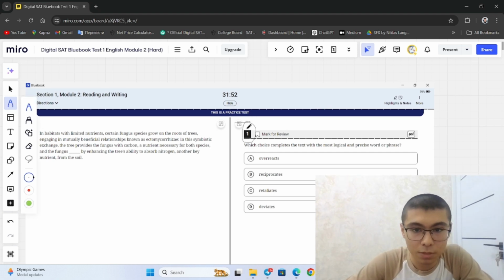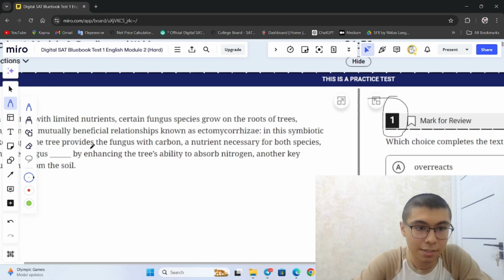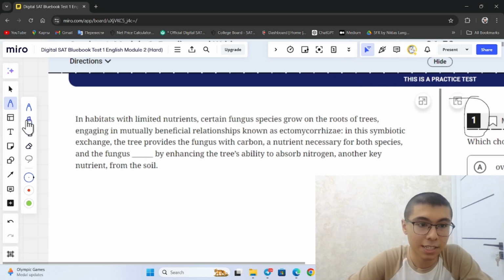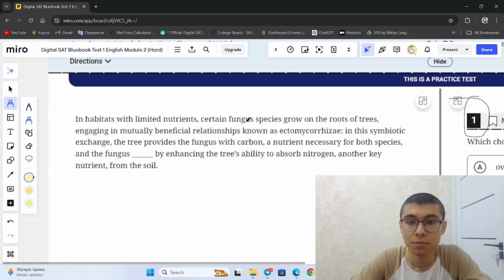So question number 1. We are first gonna look at the passage and understand what we need. In habitats with limited nutrients, certain fungus species grow on the roots of trees, engaging in mutually beneficial relationships known as... I'm not gonna bother myself reading these types of names and titles in the real exam.